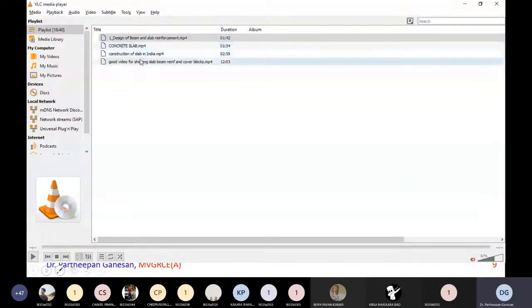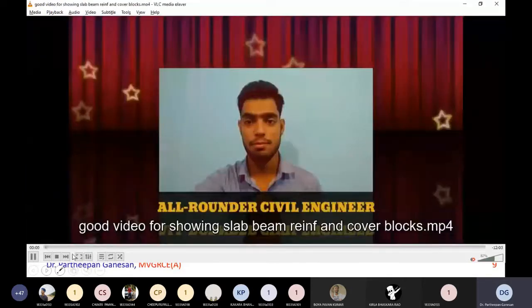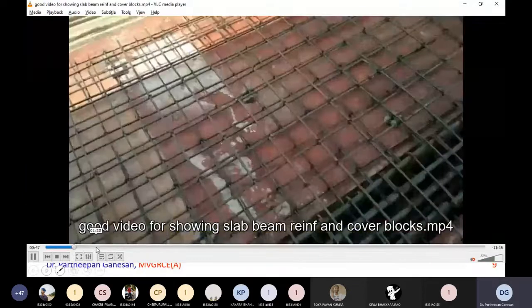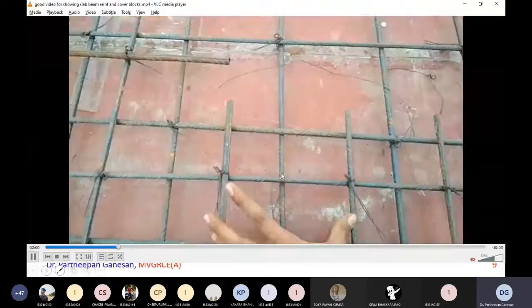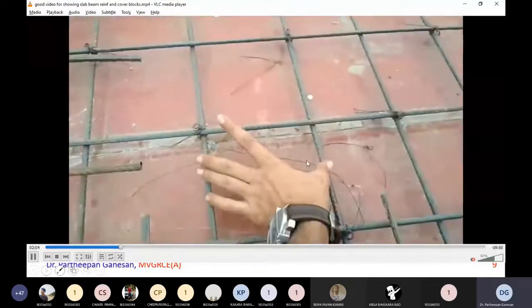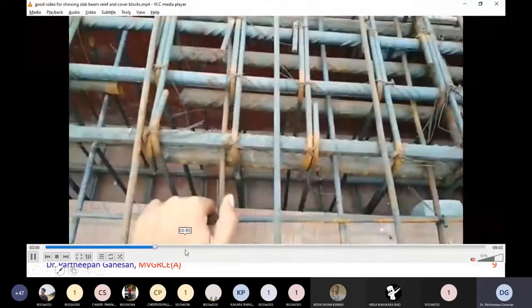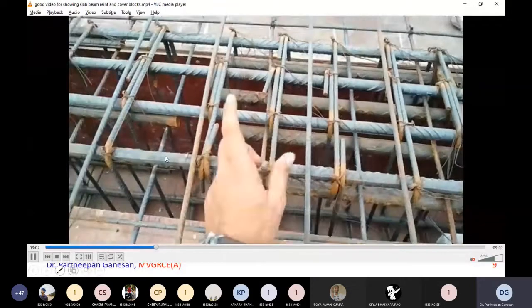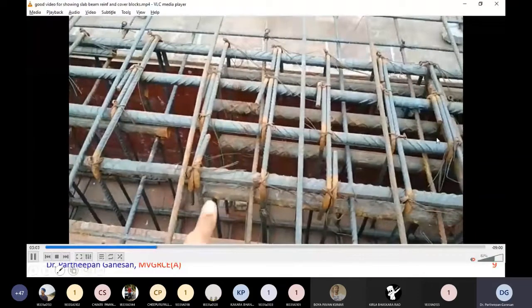Here you can see these are all slab reinforcement, and these are all beam reinforcement. These are all beams. These are all column reinforcements.